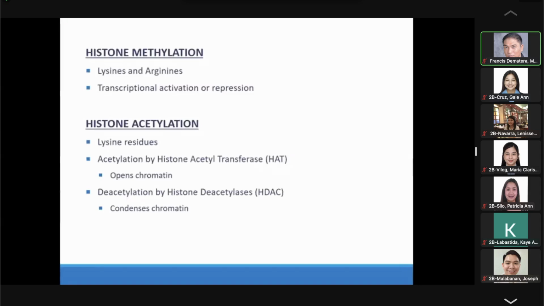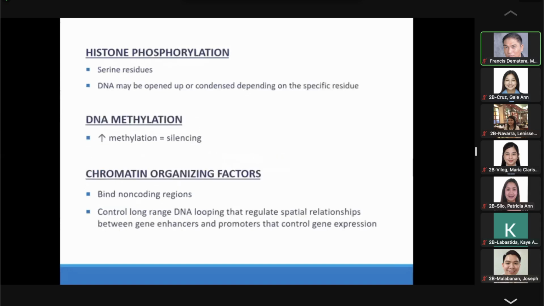These changes can be reversed by histone deacetylases, HDACs, which lead to chromatin condensation. So methylation of particular histone residues condenses DNA to silence genes.